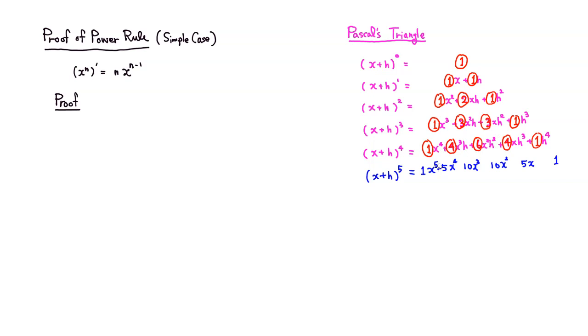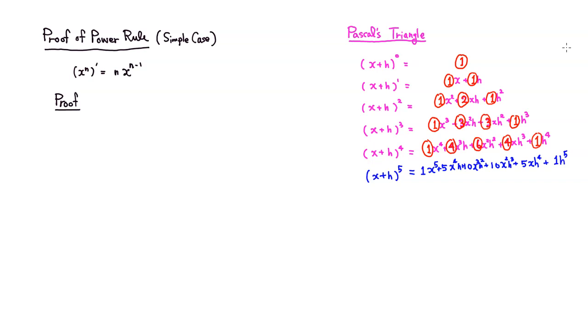So this is going to be just that. Then h plus, sorry, it's kind of messy, h squared plus h cubed plus h to the 4th plus h to the 5th. So you can build more layers this way.